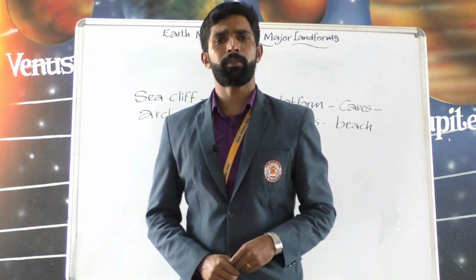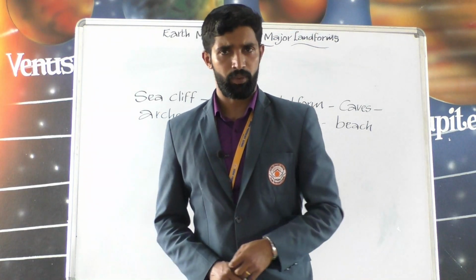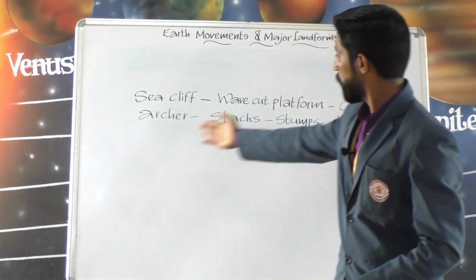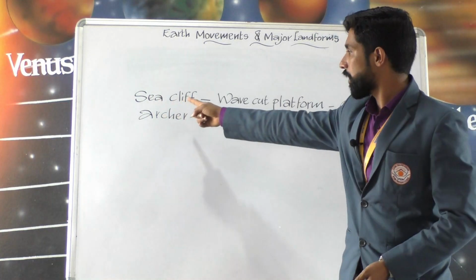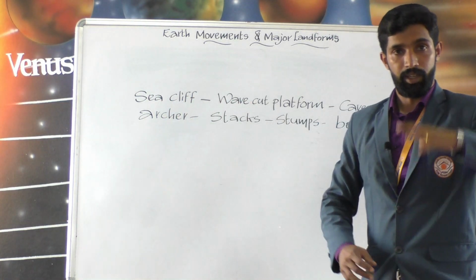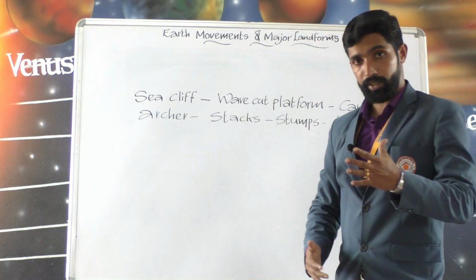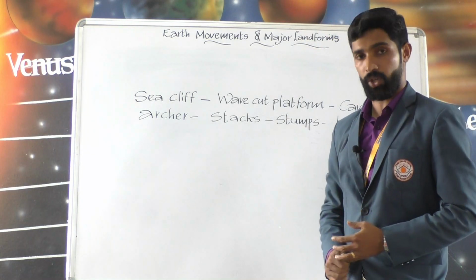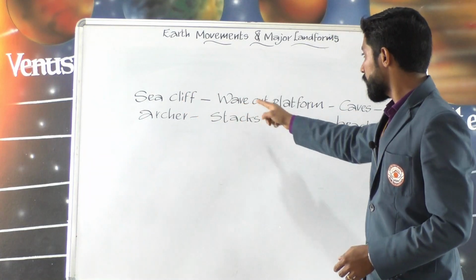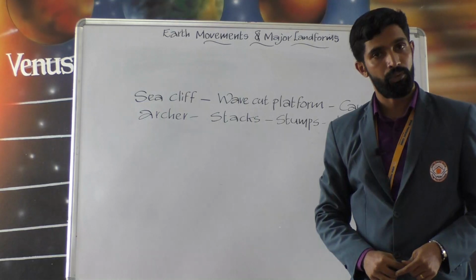So to remember the landforms made by the waves, we can make a road map. So here you can watch. The first one is sea cliff. Okay, so what is sea cliff? It's a vertical wall of rock formed by the erosive action of waves, that is sea cliff. Then next is wave cut platform.